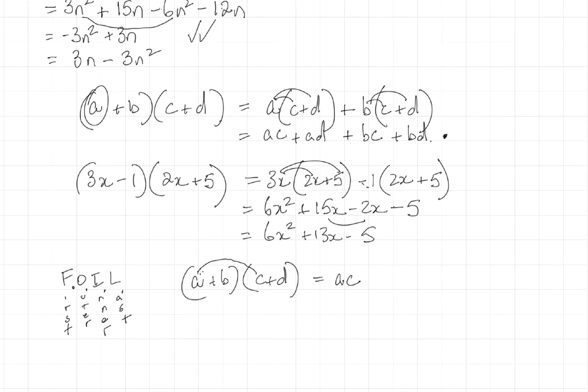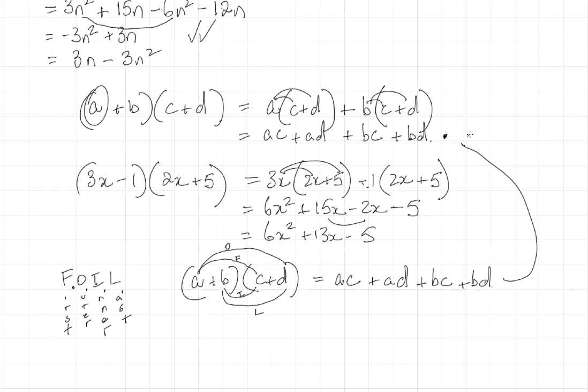Outer is the two outer terms, so that's first, outer, A times D. Inner are the two inside ones, plus BC. And last, so that's inner, and the last is the last of the first bracket, the last of the second bracket. So that's L, so FOIL, and that's BD.